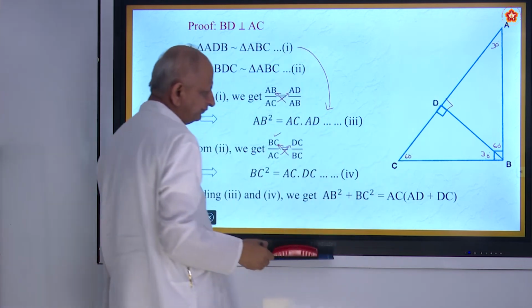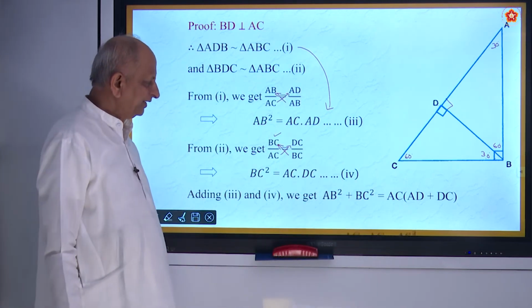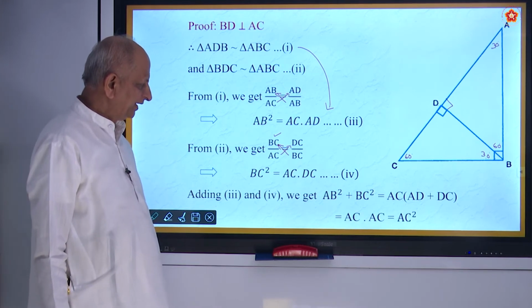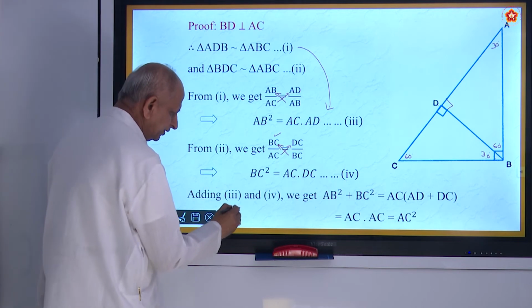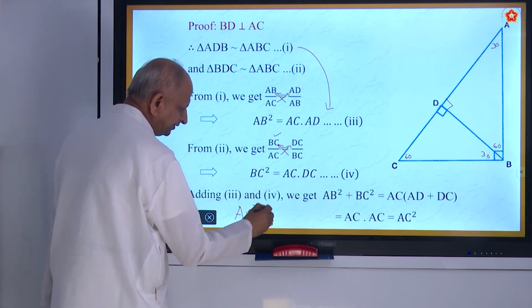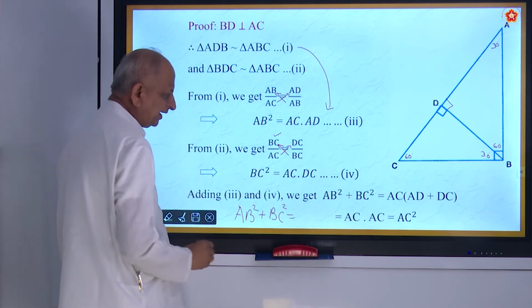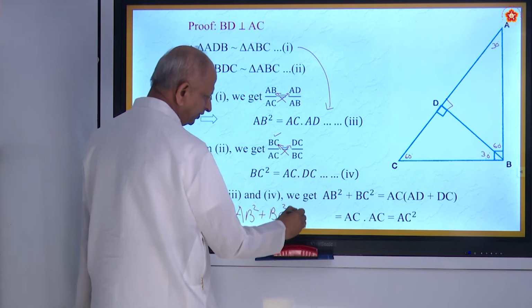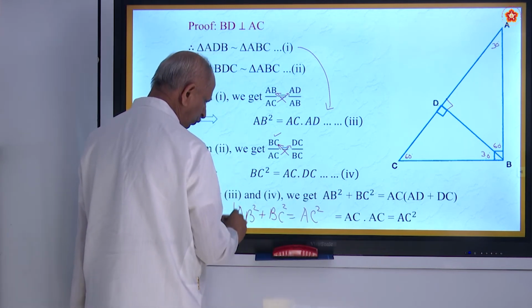Add that. What does it become? It becomes AC. So AC into AC, that is AC square. So you have a very beautiful result. It is called the world famous Pythagoras theorem. Sum of the squares of any two sides of a right angle triangle is equal to the square on the hypotenuse.